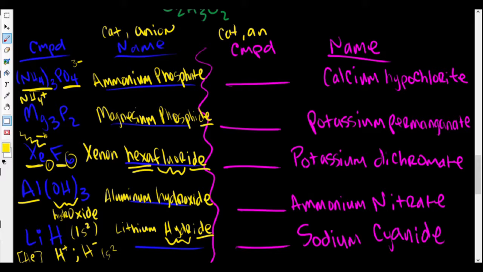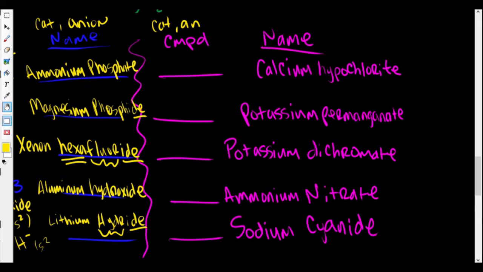Alright, jumping over here to going in reverse order, given the name and writing your compound. Let's go with red. So calcium, and then what is hypochlorite? Yes, perfect, ClO-, right? Calcium carries what charge? You said 2+, you are right. So, one thing you can do to get these to line up is to switch the numbers, basically turn the charges into subscripts.